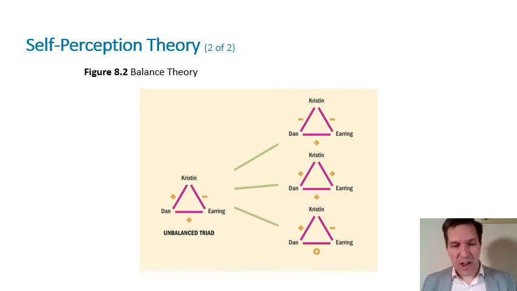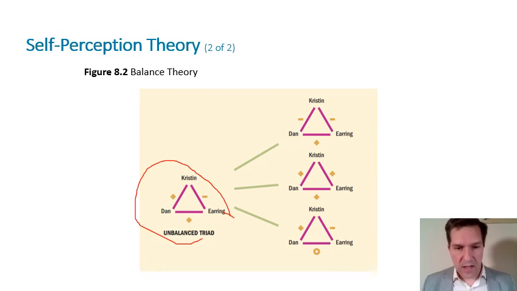So you have this triad right here. The way you feel about Dan and the way you feel about the earring is inconsistent, right? If you were to like earrings, this wouldn't be a problem. The fact that Dan comes with an earring makes you more likely to like Dan and everybody's happy. But that's not the way it is at this point, right?